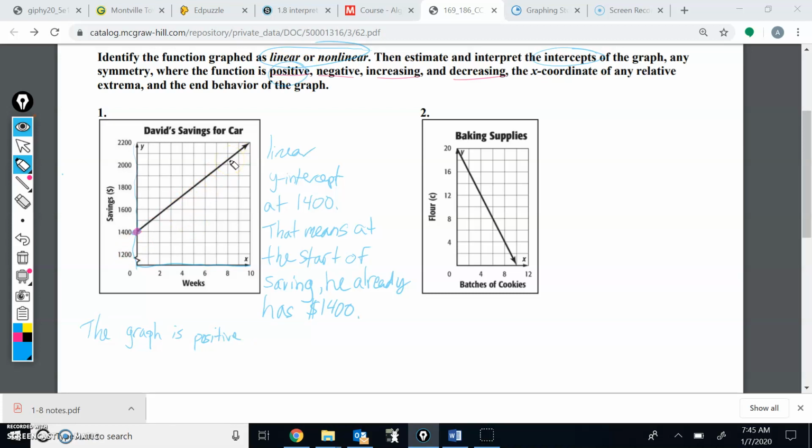There is no point where the graph is below the x-axis. And is the graph increasing or decreasing? The graph is going up, so it's increasing at all times.